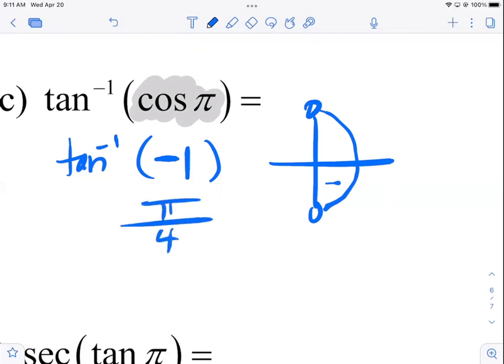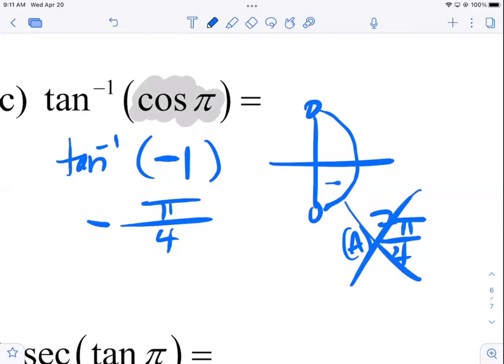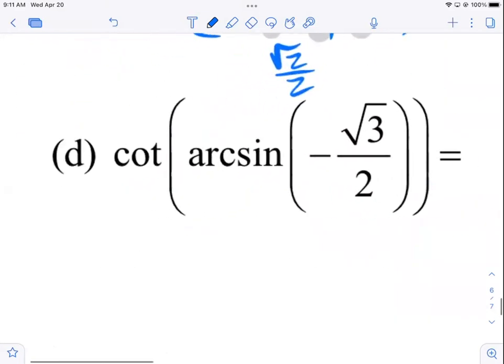So what is the pi fourths angle in quadrant 4 that we want? 7 pi fourths would be an answer choice on the test. Negative pi fourths is the correct answer, right? We don't get to quadrant 4 by going all the way around. We get there by going straight down, right? Straight down. Okay, good. Fun.